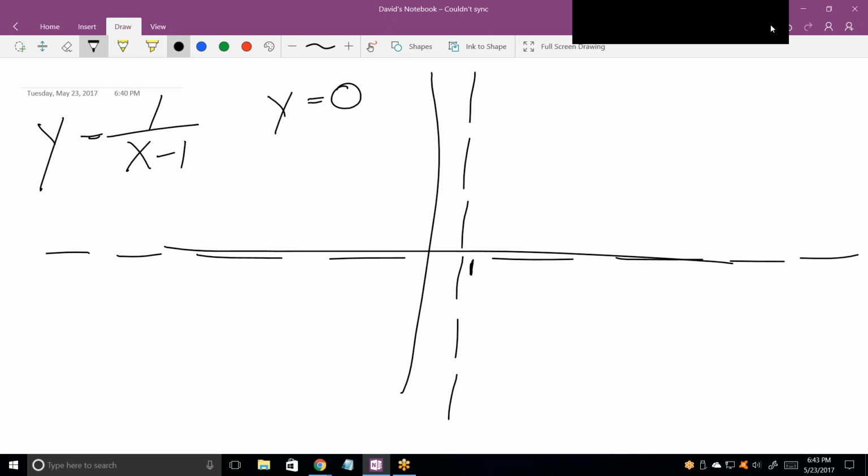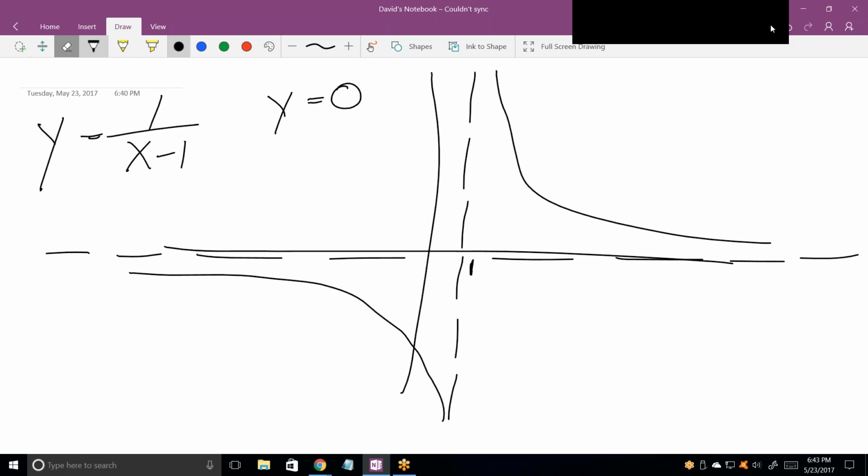So this function is going to be hyperbolic in nature, and it's going to approach those asymptotes. Now, there is a difference between vertical, horizontal, and oblique asymptotes. Vertical asymptotes can never be crossed, ever. Horizontal asymptotes can.